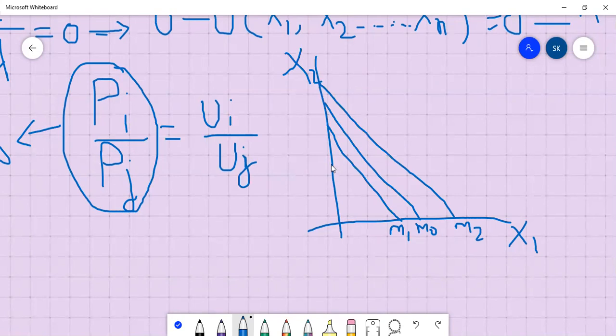Now what happens over here is we have a substitution also. This curve goes like this. I have to be very careful. Let me draw it once again. Now this is our indifference curve.